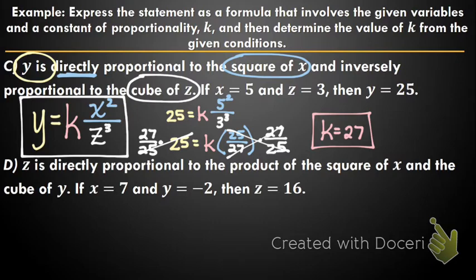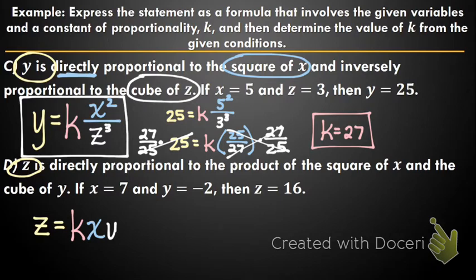Which one's on a side by itself? Z. So I have Z equals what? K. And then? X. Y cubed.